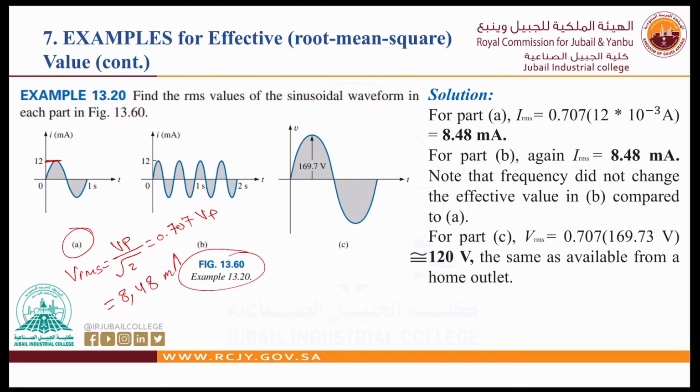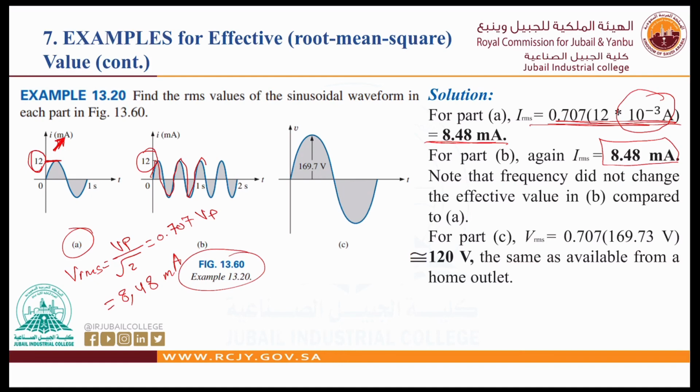Why is it in milli, guys? Because they are using a value here in milliampere, so the answer should be in milliampere. If you substitute it in the formula, you should use milliampere, which is 10 to the power minus 3, to have an answer in milliampere. For part B, I have also 12 milliampere, so the answer is the same as the first one, even though it is oscillating fast, as you can see here.